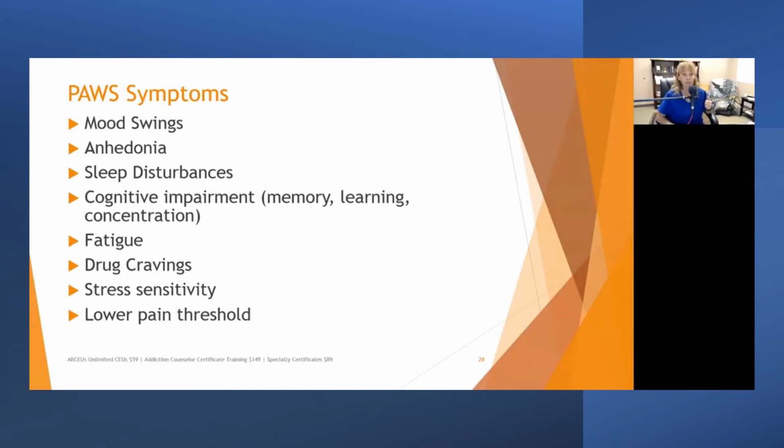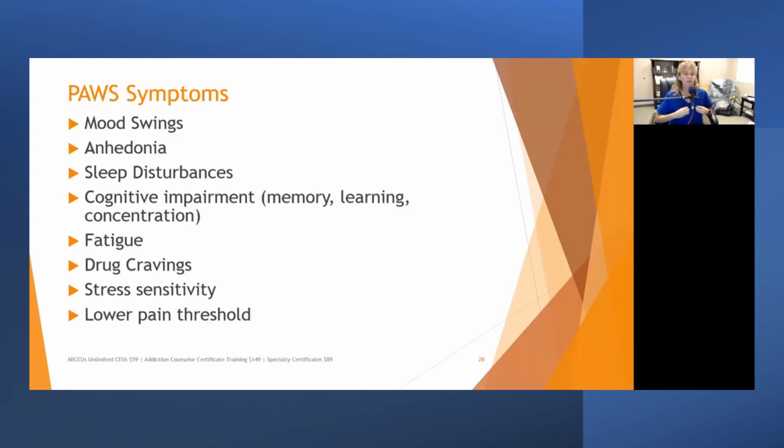It probably means they're either experiencing post-acute withdrawal, or something else may be going on in their life, or they've got a co-occurring disorder that has been exacerbated. So any of these things, you do want to consider what is the reason for it.